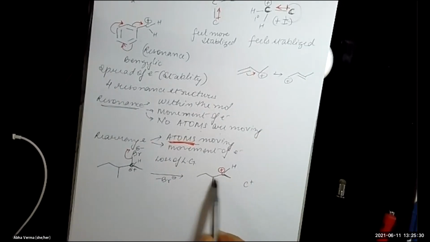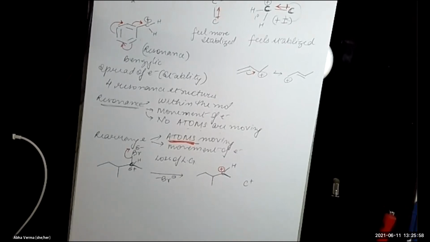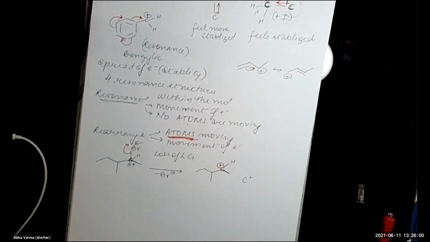So it looks nearby and sees that if I jump here, I will be a primary carbocation. But if I jump right here, I will become what kind of a carbocation? A 1, 2, 3, a tertiary carbocation. Any questions on what I just said? Okay.